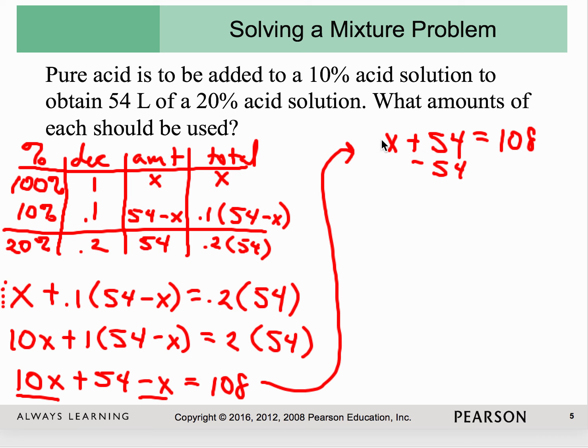Glad I caught that. 10x minus x, 9x. Okay. So 9x equals 54.